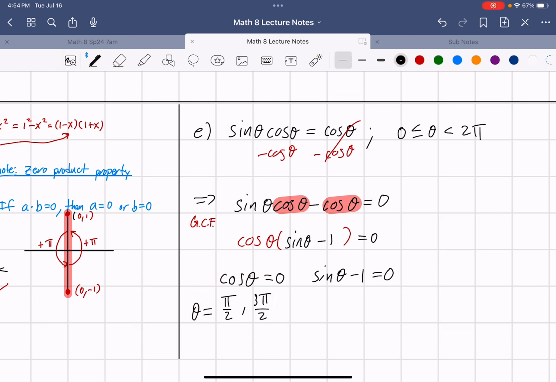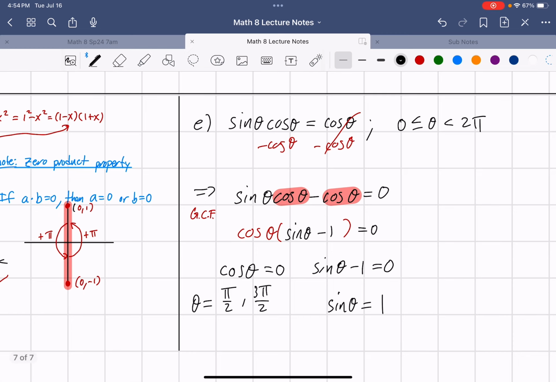Now this next equation, with moving everything over, I'm trying to find, okay, when is sine theta equal to 1? Now, you might be tempted to put 3 pi over 2 like the previous one, but it only happens at pi over 2, which is already a solution to this equation.